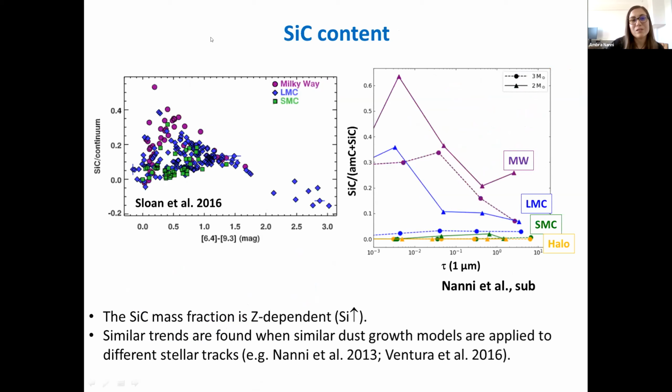If we look at this other plot, we can compare with our results, and we find that for a given optical depth, there is a clear trend with the metallicity, as observations indicate, and also as expected by the theory. This is rather independent of the stellar tracks used and is in agreement with previous works.